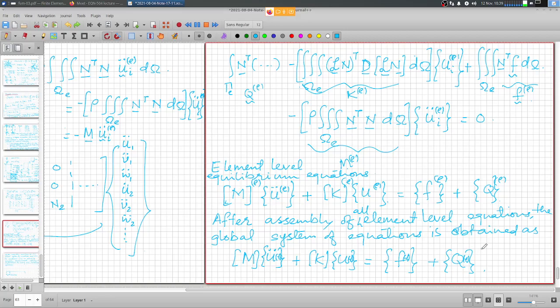So there are several techniques for doing that. All of them can be derived by using the quadrature rule that we have already discussed.